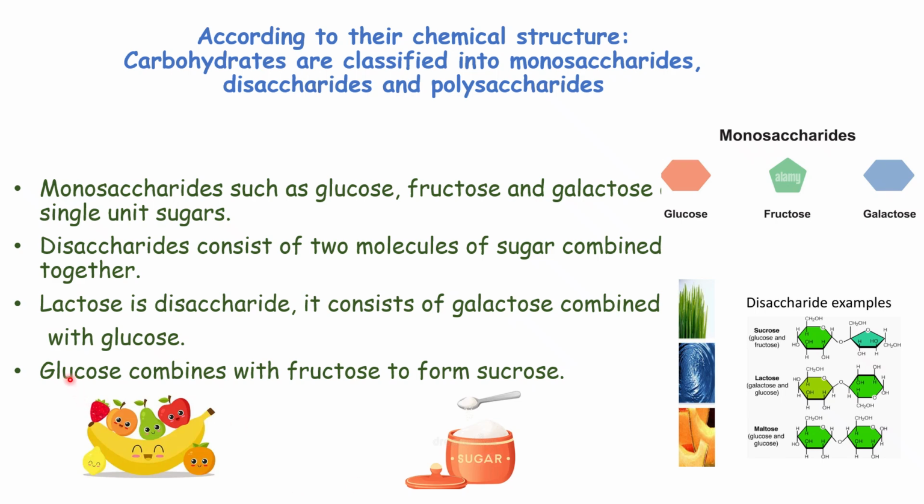It consists of glucose, which is combined with fructose to form sucrose. So the disaccharides are sucrose, lactose, and maltose. We find maltose in a lot of plants, and it consists of 2 units, glucose combined with glucose.